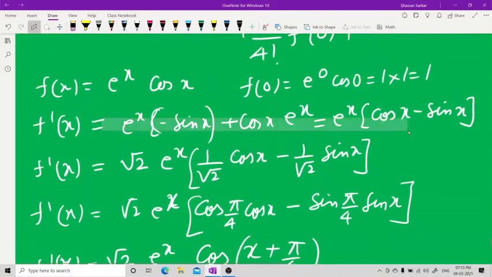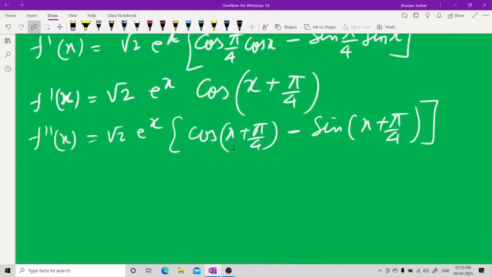Differentiating in this manner again, if you use the product rule, take e to the power of x common, you get e to the power of x times cos x, and differentiating the second time you get minus sin x.